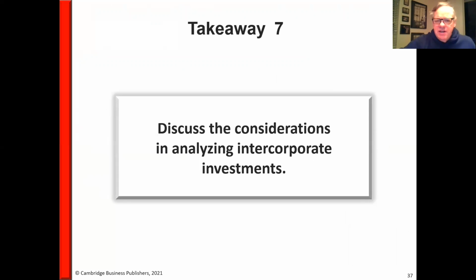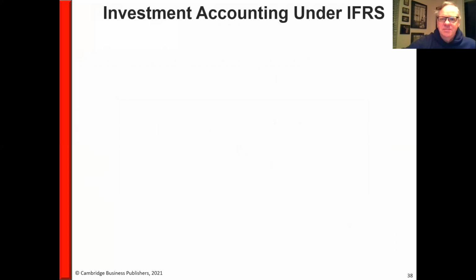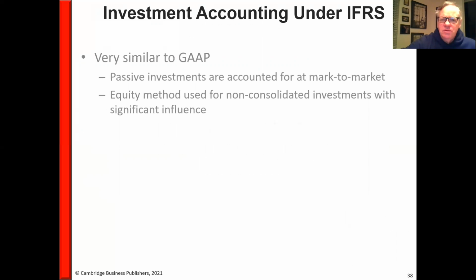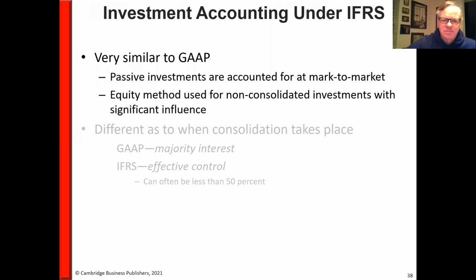Just a couple of quick things here on analyzing intercorporate investments. How do the international rules differ? Well, in general, very similar to GAAP. Passive investments under both are accounted for at market. And we use the equity method for non-consolidated investments where we have significant influence.